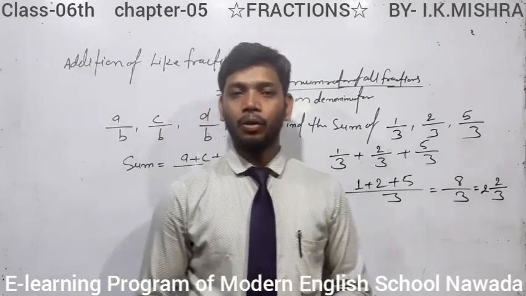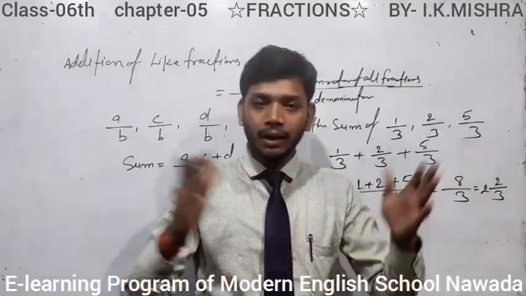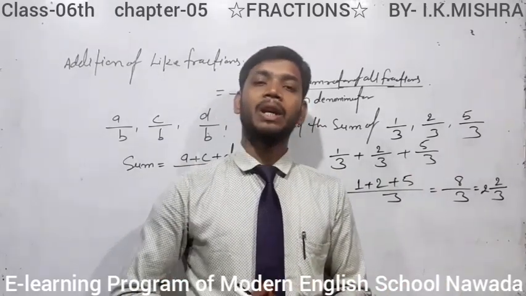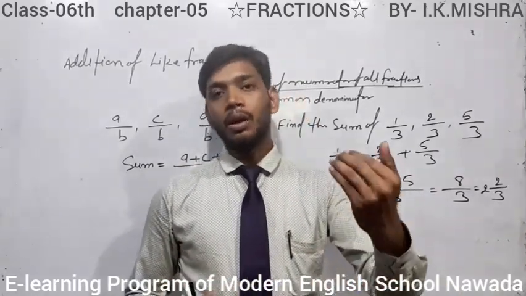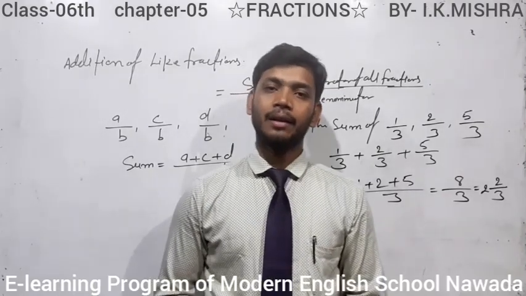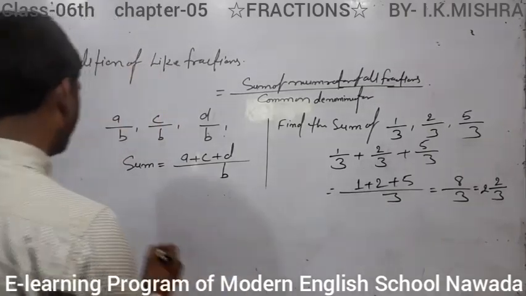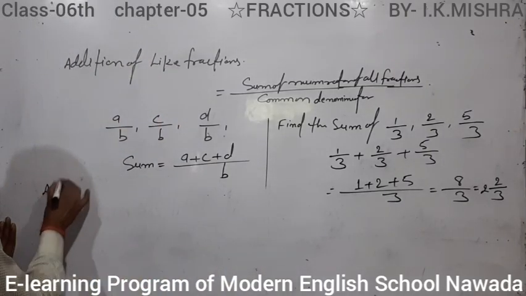But the main thing is you have to add unlike fractions. Now we will see how to add unlike fractions. For adding unlike fractions, first change them into like fractions. Let's understand by an example.